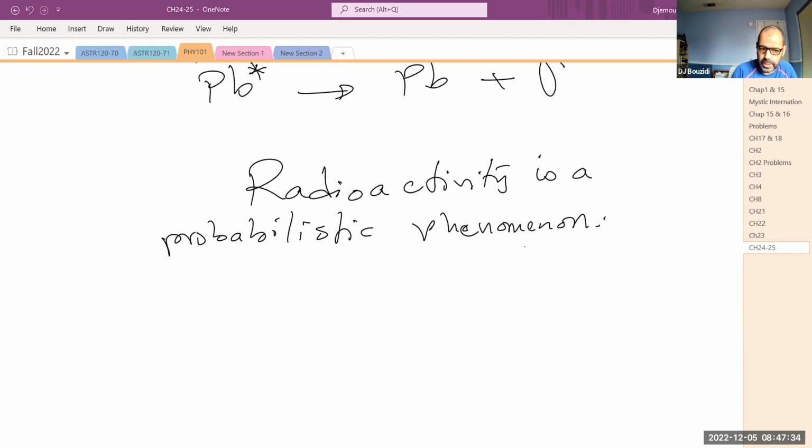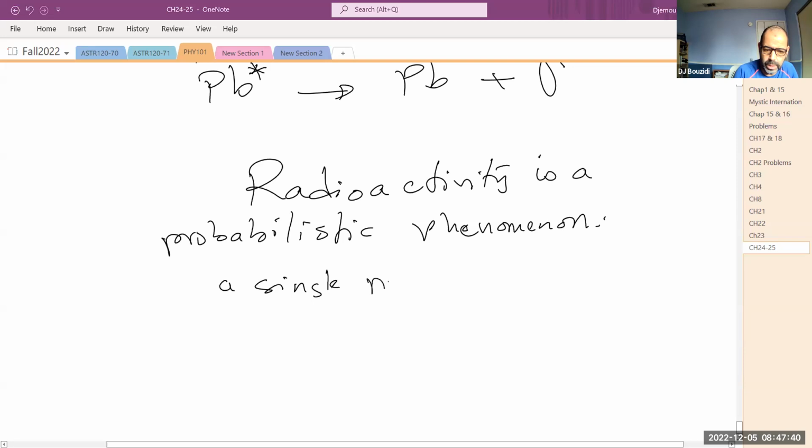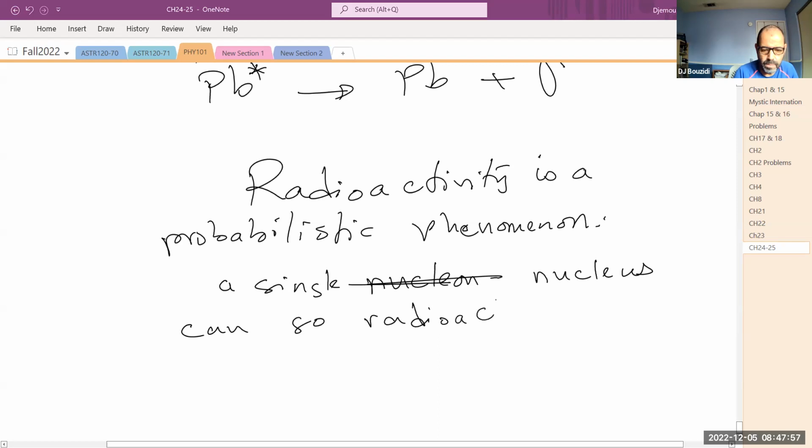it's not deterministic. So a single nucleus, not nucleon, I don't mean proton, it's a nucleus in general, can go radioactive at any time.